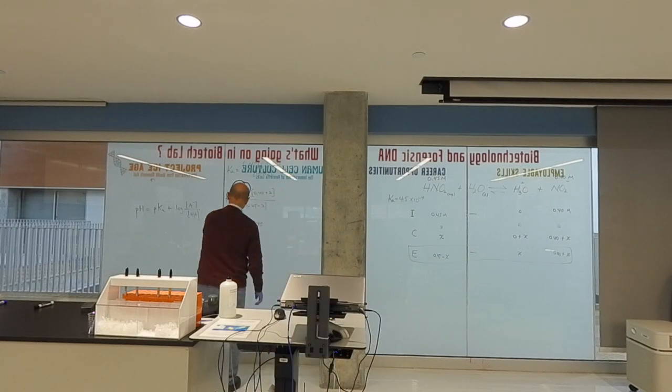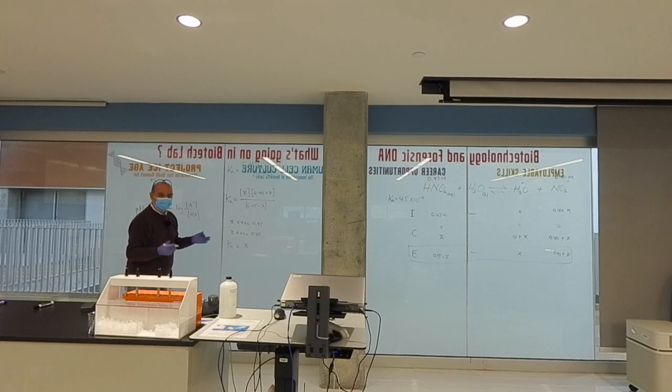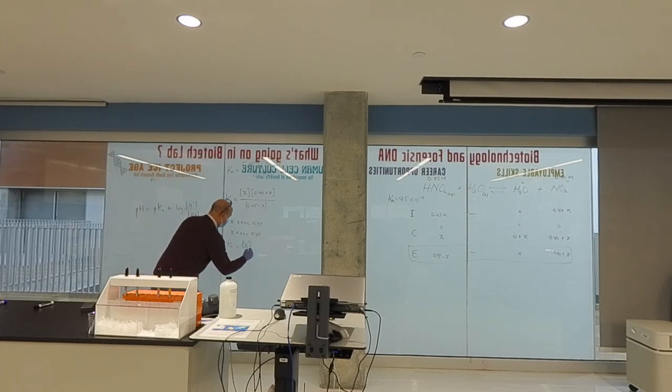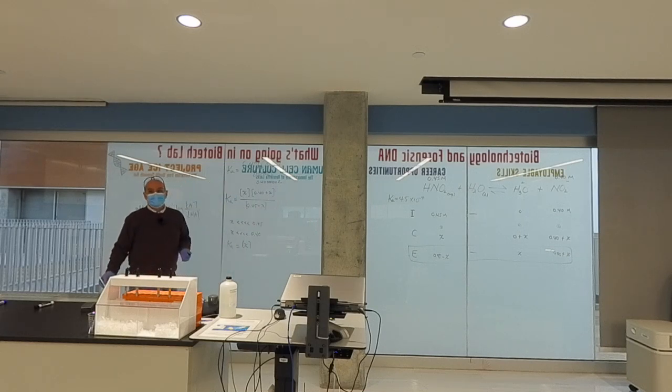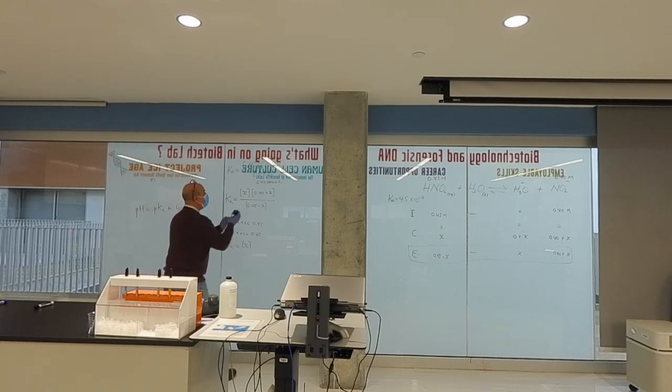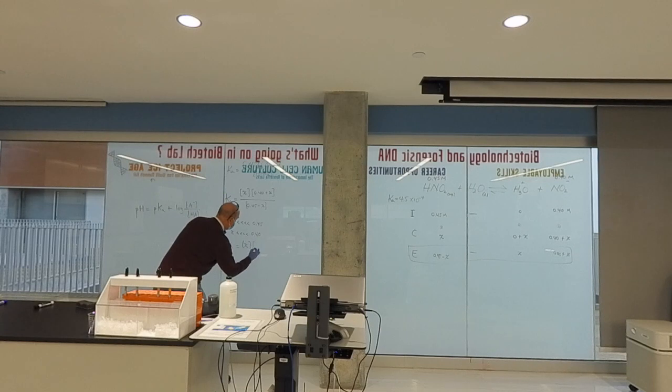So with that assumption, we rewrite this equation as follows. We say Ka equals, well, X, we cannot ignore it there because it's by itself, right? But here we can ignore it. So we're going to assume that that is so small that if we add it, it doesn't matter. So I'm just going to not bother including it in the final equation, and I'm going to multiply that by 0.40.